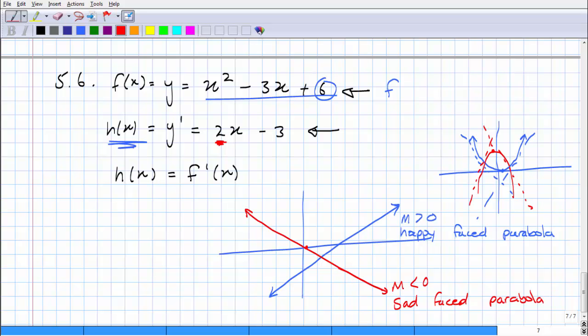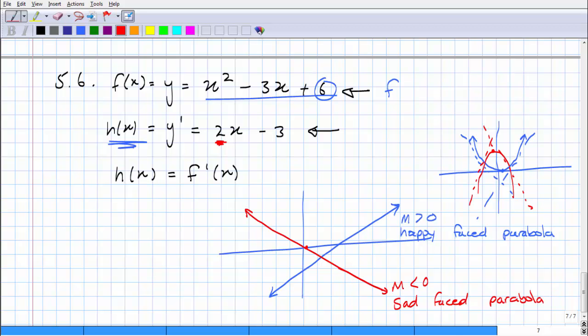I don't know how you want to actually describe that. I would describe it simply by saying it has a local minimum because the derivative has a positive gradient. And you can look at the memo for the different exact wordings.